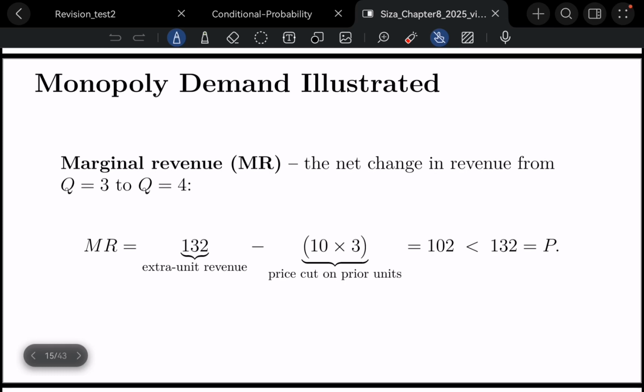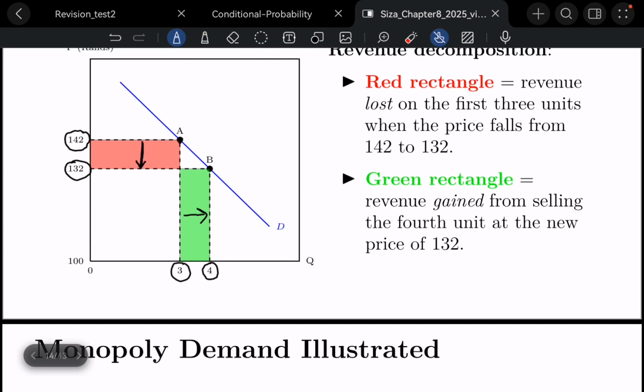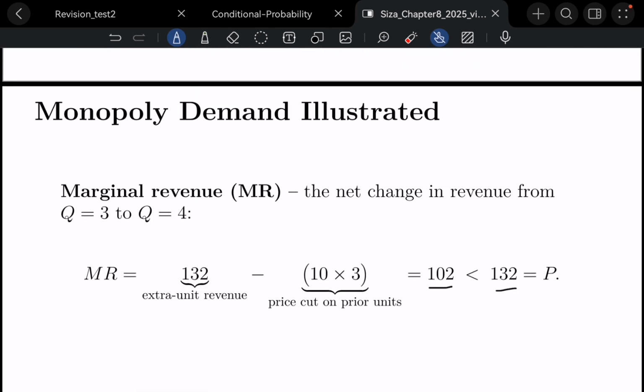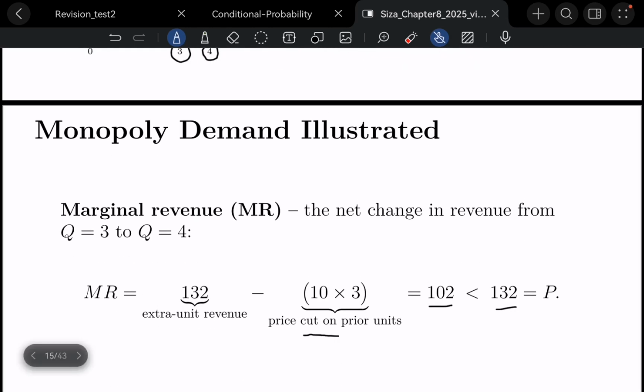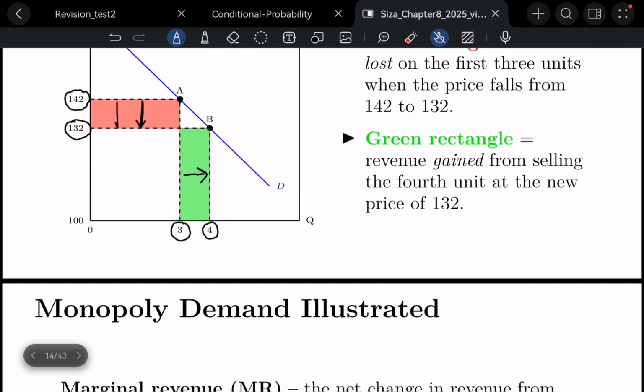So you can see this here. You can see the calculation where we calculate the marginal revenue, and you can see that the marginal revenue ends up being 102 rands, whereas the price is 132 rands. We know that because we said the price went from 142 rands to 132 rands, and because of that 30 rand lost, we lost this 30 rand by reducing the price, which is what we see here, the arrow that points downwards.